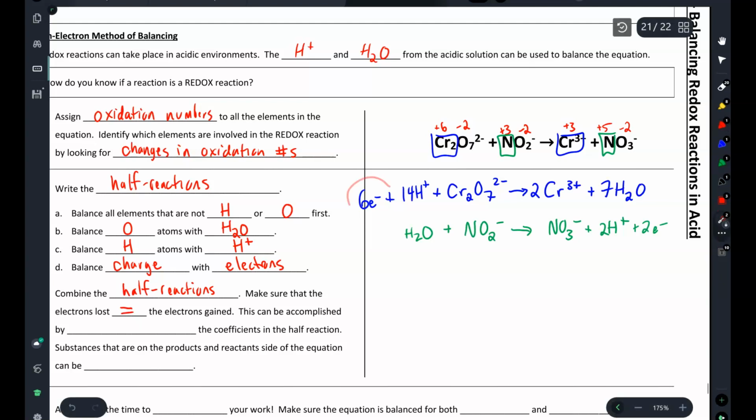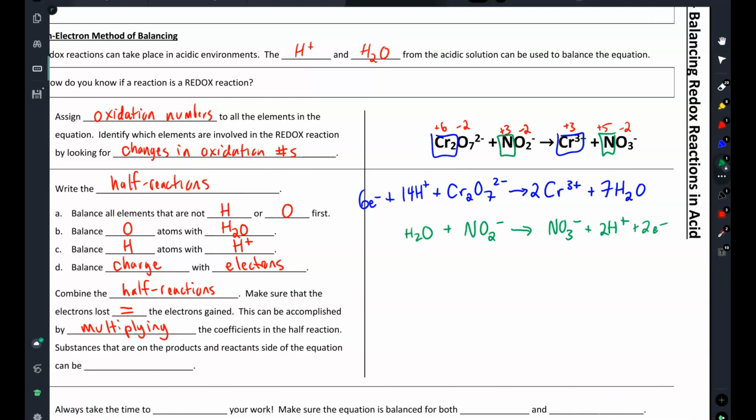So I've got 6 electrons in my reduction half reaction. I've got 2 in the oxidation half reaction, so I'm not ready to combine these just yet. I can get this balanced by multiplying to get the correct coefficients. So let's go ahead and do that.